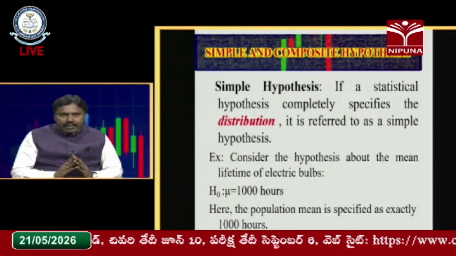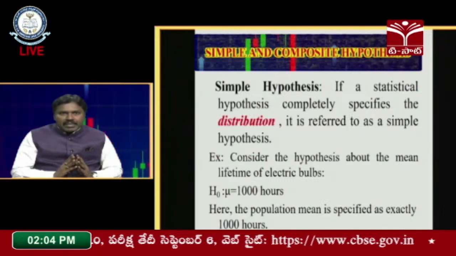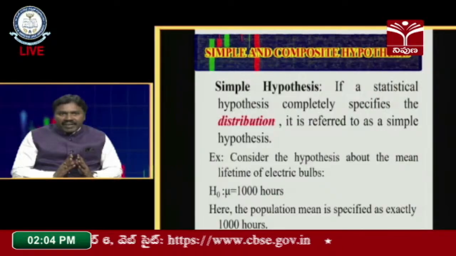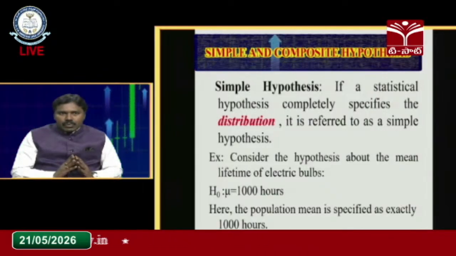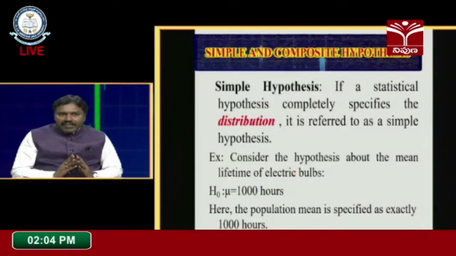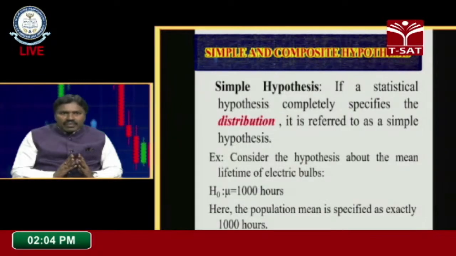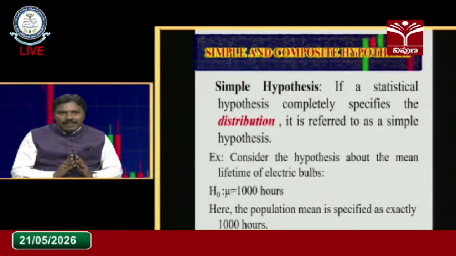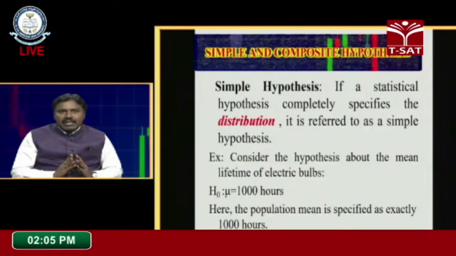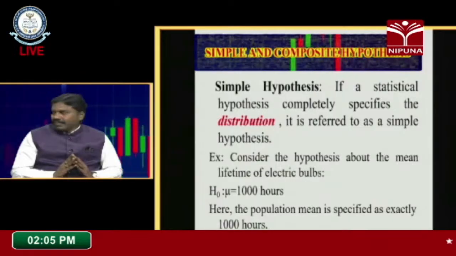For example, consider the hypothesis about the mean lifetime of electrical bulbs. I'll define average life is equal to 1000 hours. Here the population mean is specified as exactly 1000 hours. Sir, you are explaining mu is equal to 1000 hours?